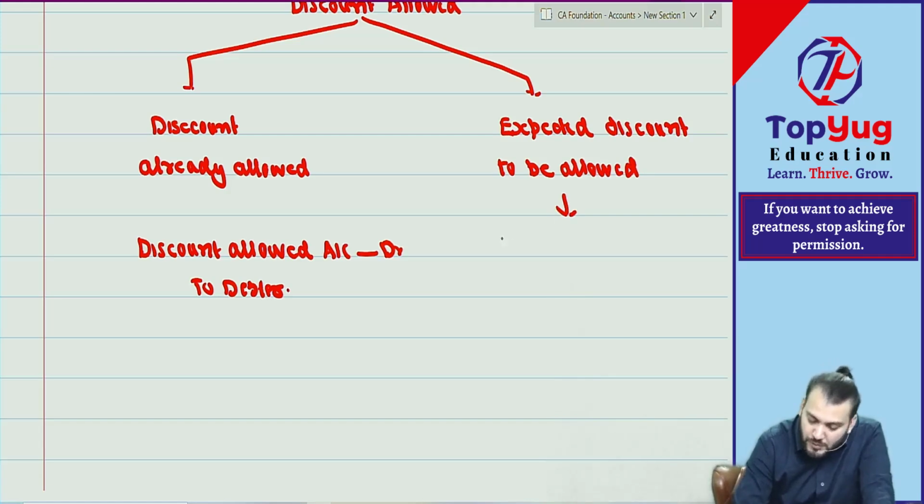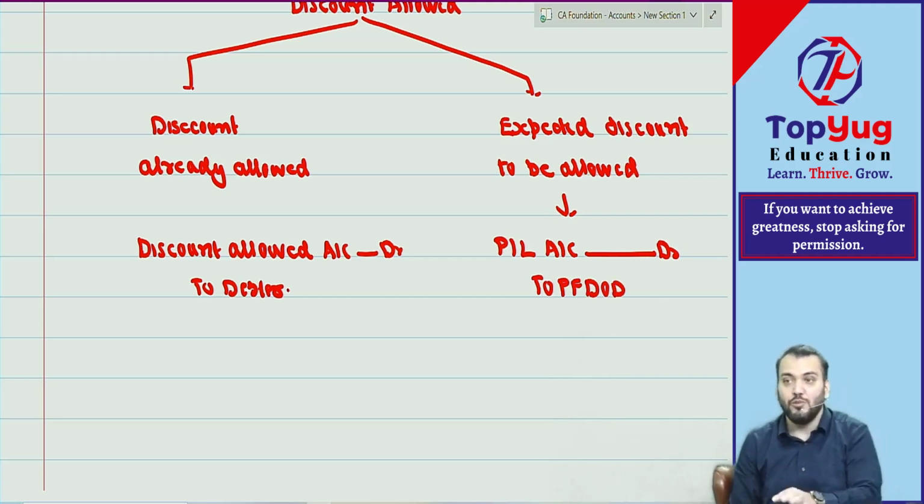Profit and loss account debit to provision for DOD. DOD means what? Discount on debtor. In exam, please don't write DOD; write the full provision for discount on debtor.